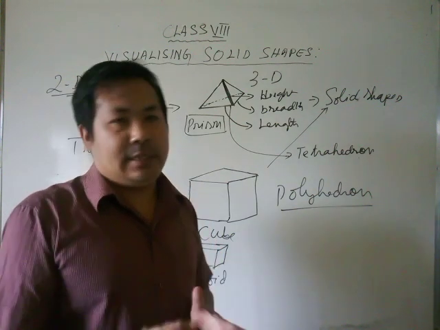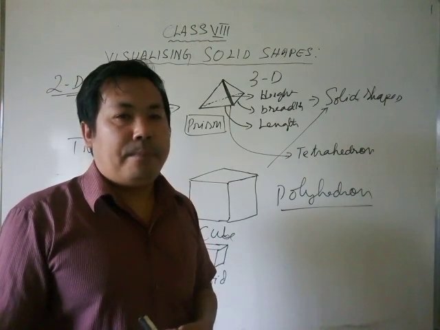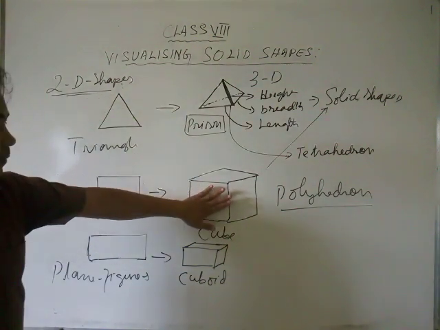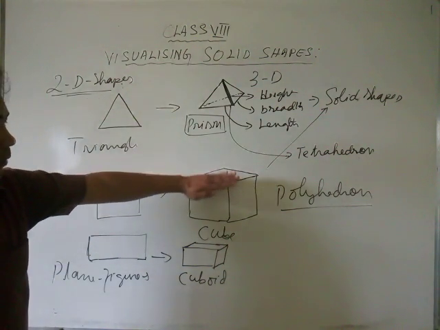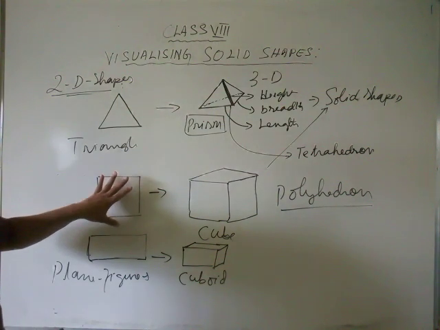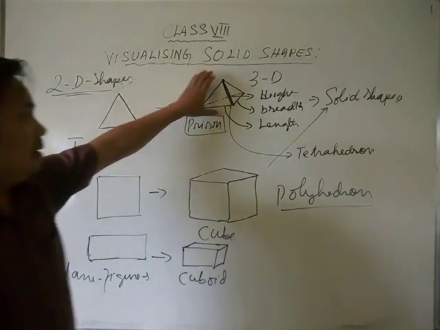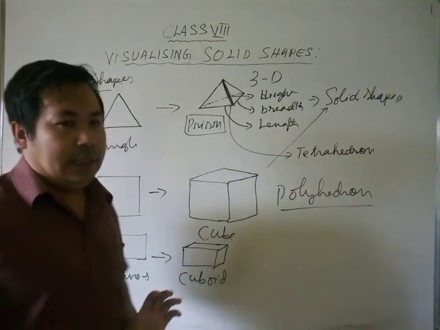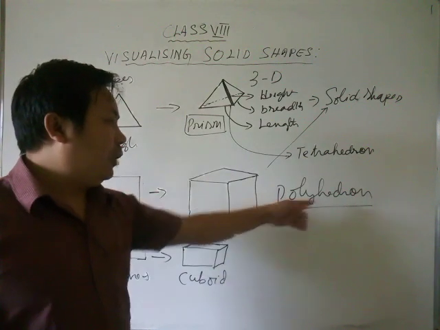of surfaces which are polygons. Their surfaces or their faces are polygons, isn't it? Yes, these solid shapes, prism, cube, cuboid, are together known as the polyhedron.